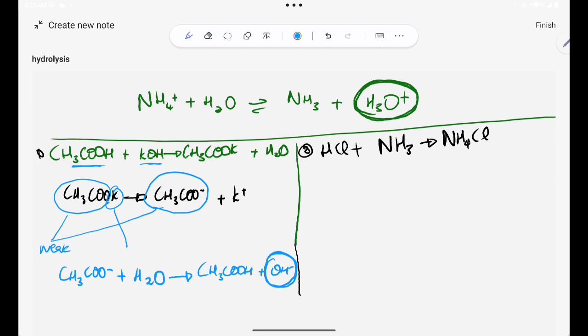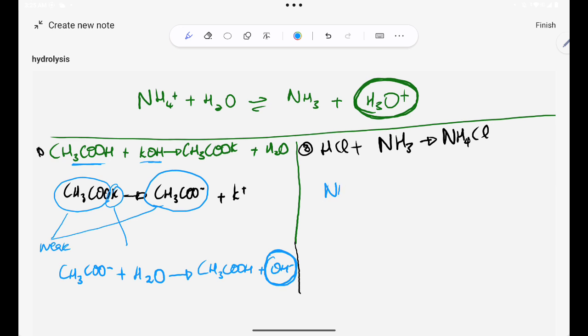Let's go to the other side. My salt is ammonium chloride. Whenever this dissociates, I'll simply have the ammonium ion and the chloride ion, right?